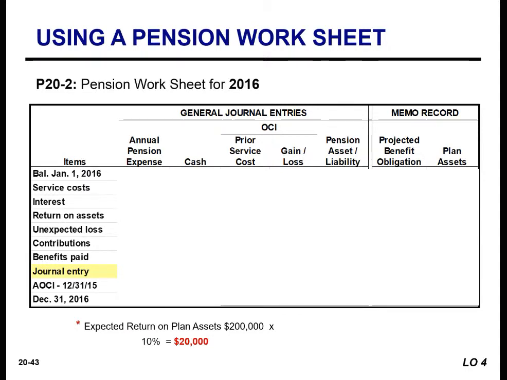So the balance, January 1st, 2016, for the projected benefit obligation was $250,000. They had plan assets of $200,000, which means that there was a pension asset or liability of $200,000.